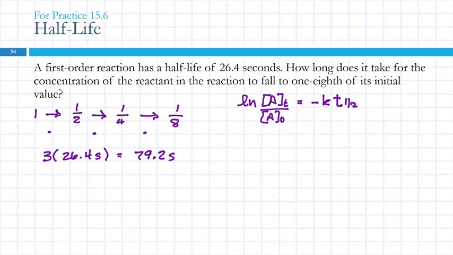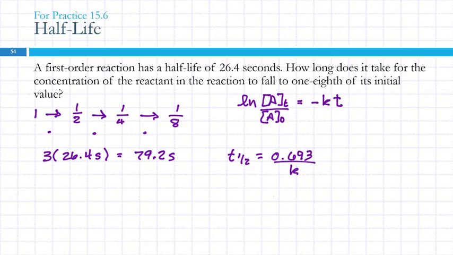To figure out what the rate constant would be, we would use T1/2 = 0.693/K. We know what the half-life is, so we can calculate K. And then we could go up here and plug K in. Wait a minute, this should not have half in it.